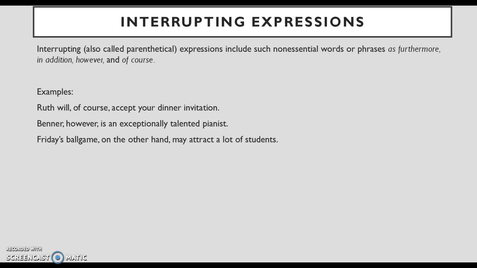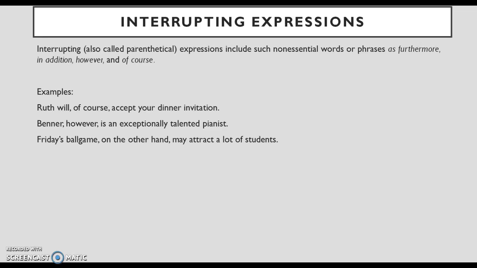Interrupting expressions. Interrupting expressions, also called parenthetical expressions, include non-essential words or phrases such as furthermore, in addition, however, and of course. Examples. Ruth will, of course, accept your invitation to dinner. See, we have Ruth will accept your dinner invitation.